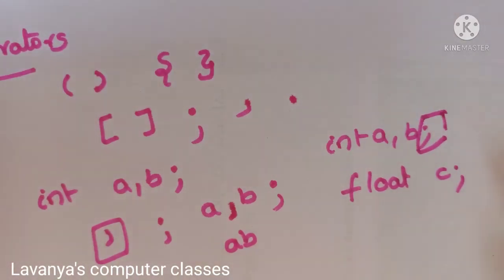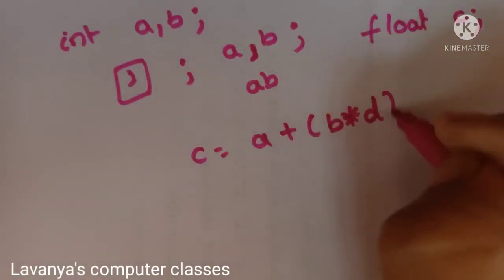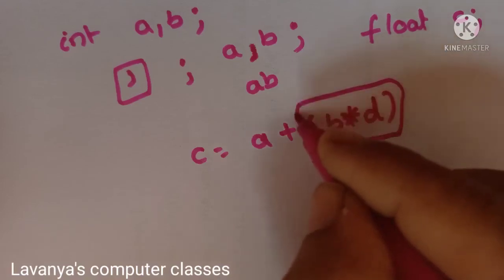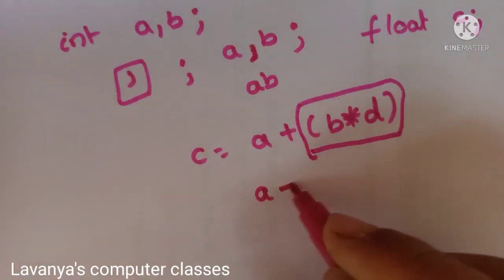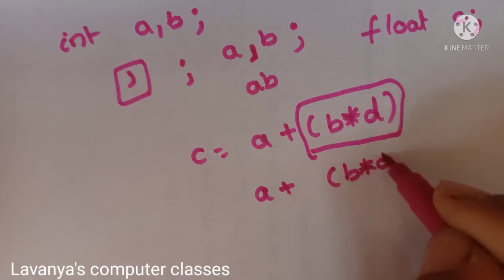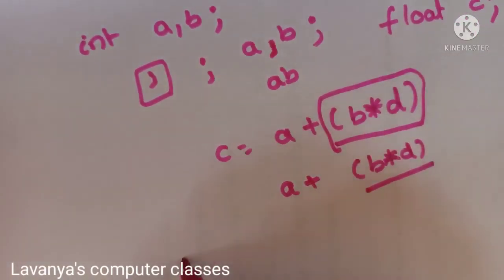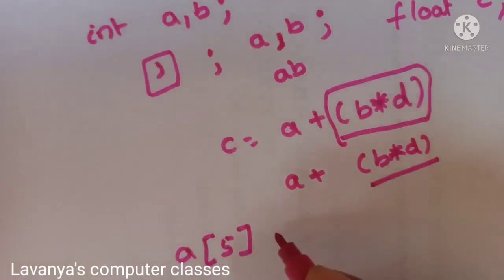Similarly, brackets also. C is equal to a plus b into d. Here brackets are used. This is also called a separator. That means a plus is one part, b into d is a separate one. So brackets are also separators. Similarly, the array size is also like a separator.